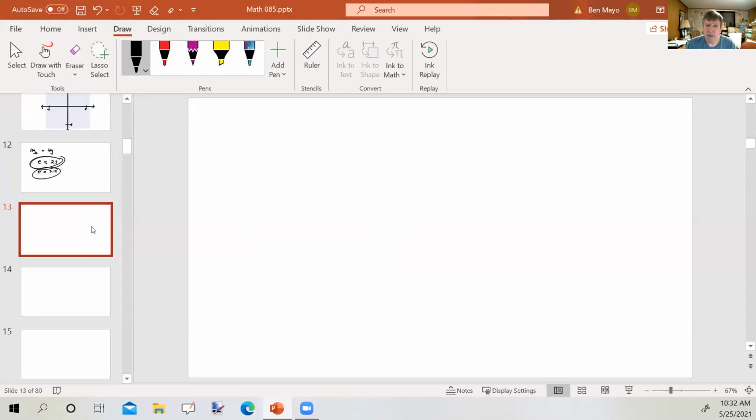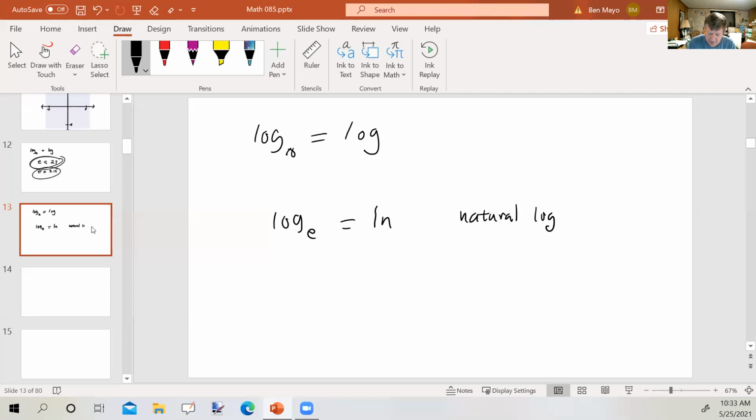Now, because log base 10 is used quite frequently, mathematicians called it common log, and had a shortcut notation. Well, log base e is also used quite frequently, so the notation they use for that is ln, or natural log. Now, why isn't it NL?